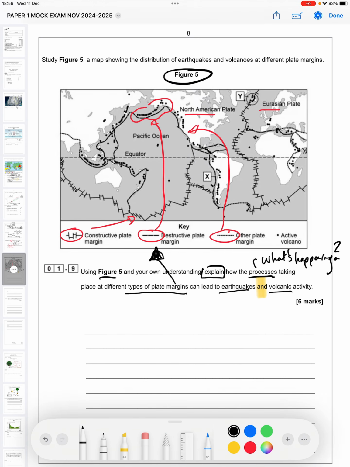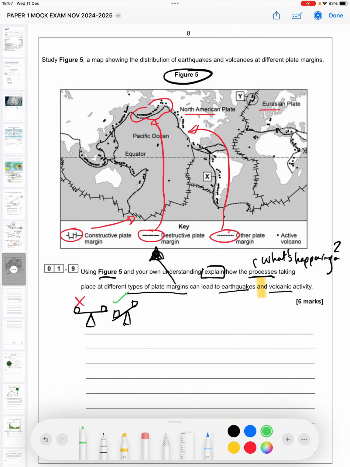Right. So with a question like this, it is very, very rare that your weight needs to be balanced. What I mean by that is you don't need to give an equal amount of writing space to each side. More often than not, you can be unbalanced. So you can go really into detail on earthquakes or volcanoes, but then cover the other one in just a little less detail.